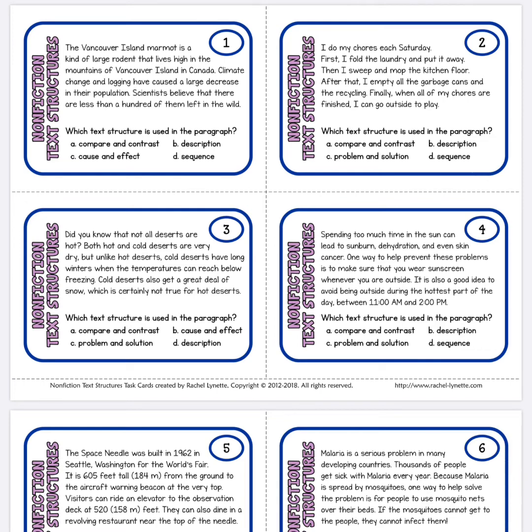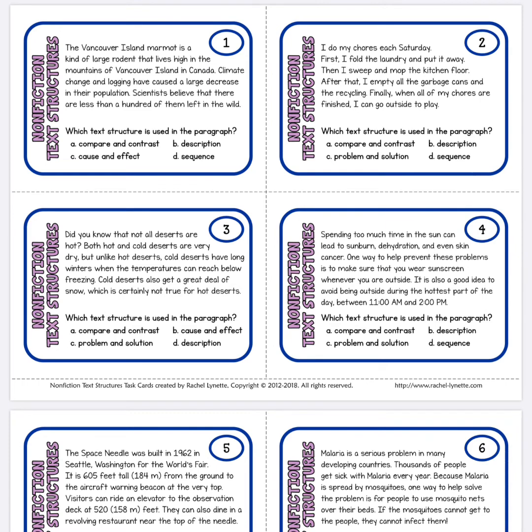Could it be cause and effect? Well, they did tell us that the climate change and the logging have caused a large decrease in the population. So now we're going to set aside B and C, and then let's look at D. Is it sequence? No, I don't see any dates or time order or anything like that.